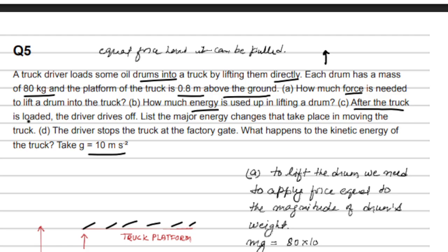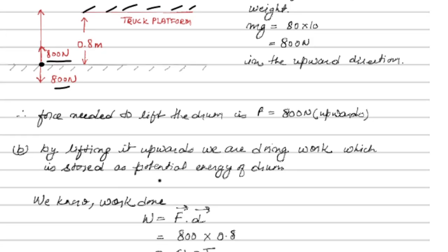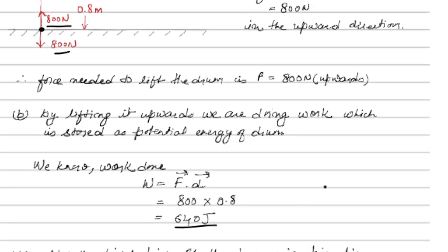C, after the truck is loaded, the driver drives off. List the major energy changes that take place in moving the truck. Okay, so if he moves, what happens? The drum was at the platform, we have already increased its potential energy because it is 0.8 meter risen from the ground. So this is the truck platform.